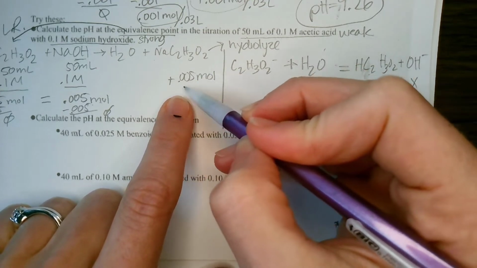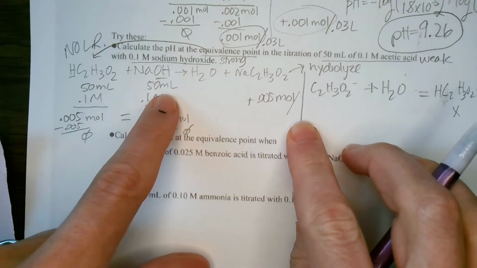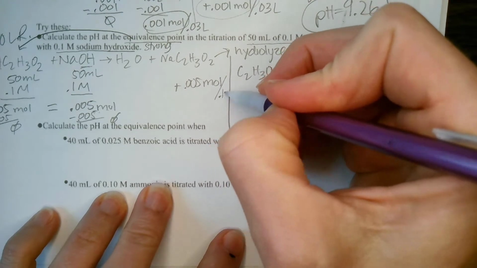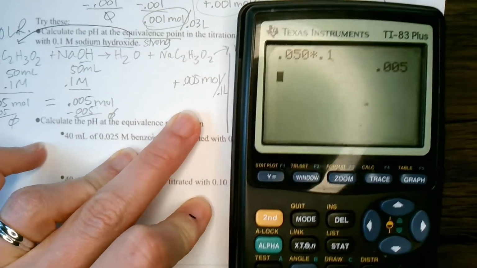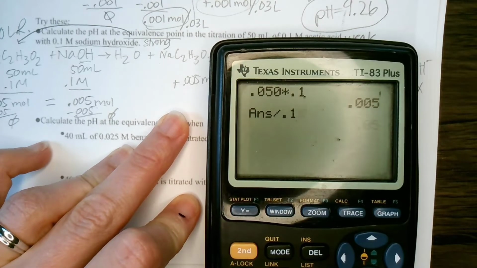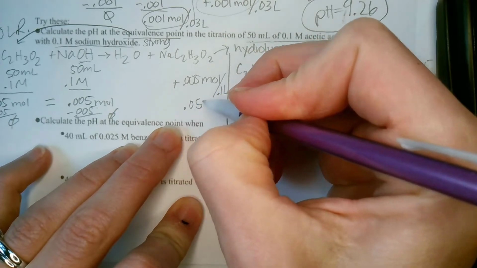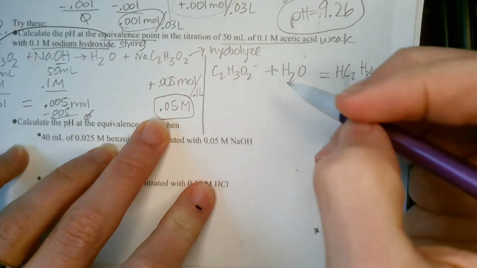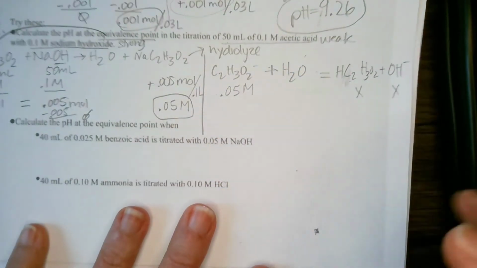I started with 0.005 moles, and I have 50 plus 50, so 100 milliliters. 100 milliliters would be 0.1 liters. So let's figure out what this concentration is. 0.005 divided by 0.1 is 0.05 molar for my acetate.